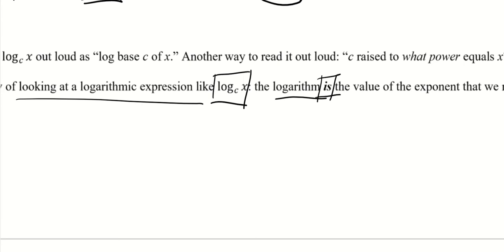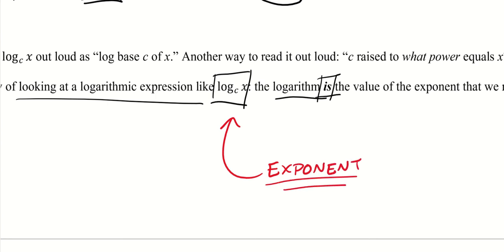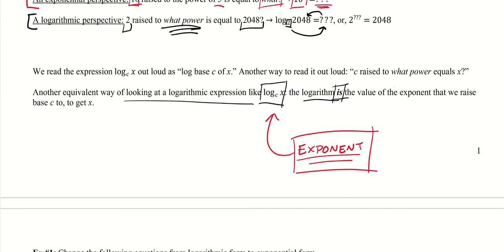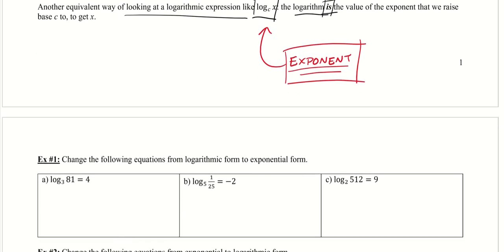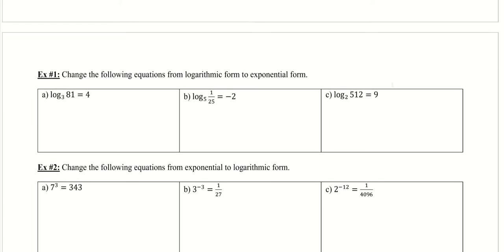Or in other words, this expression is an exponent. Log base c of x, what does it evaluate to? Whatever number value it evaluates to, that's an exponent that we solved for. So log base c of x is another way of writing an exponent.